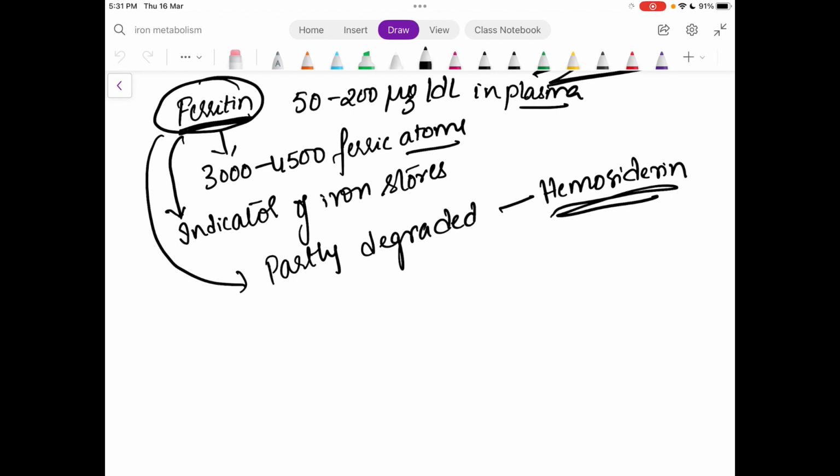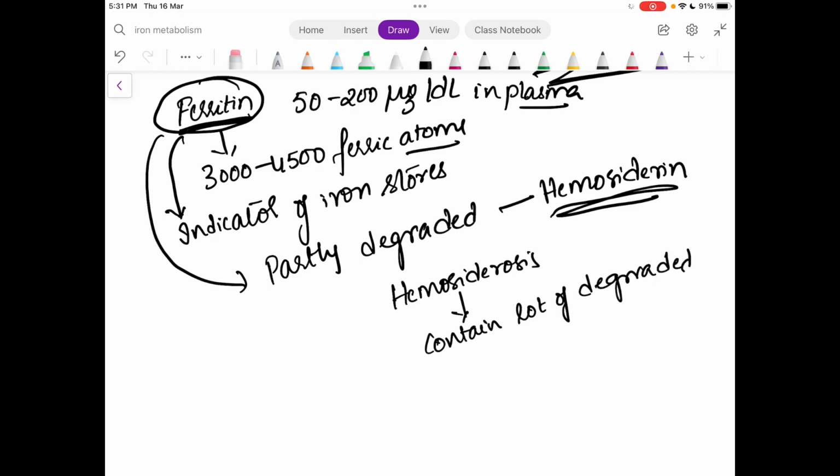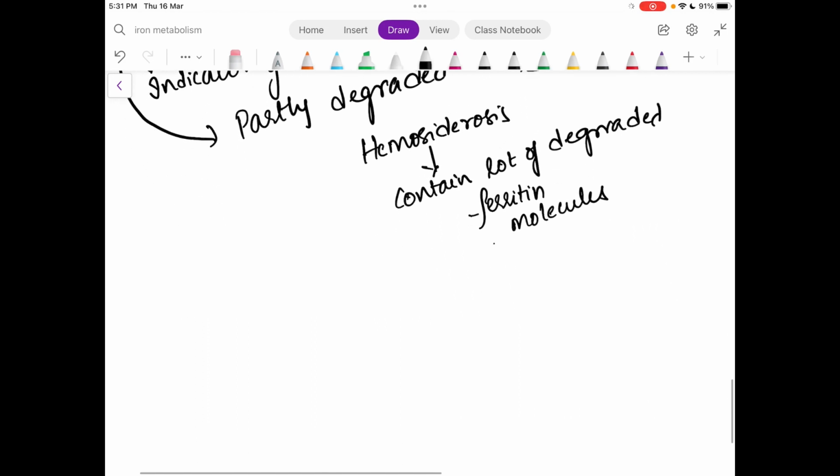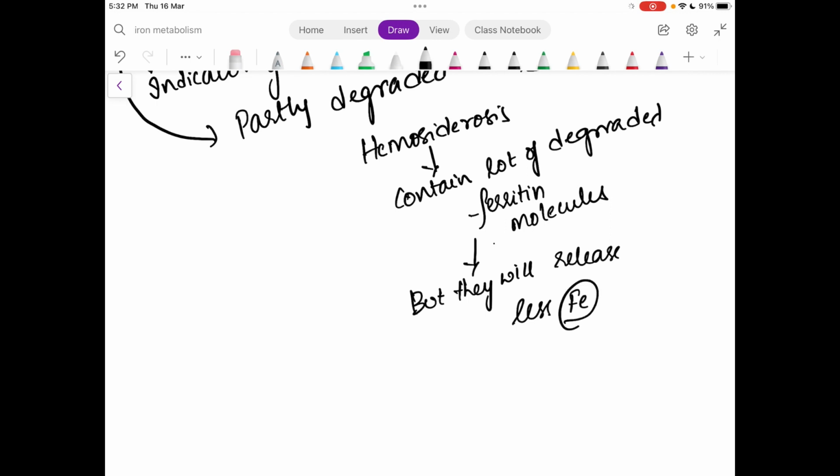This hemosiderosis will contain a lot of degraded ferritin molecules, but the release of iron is very less.